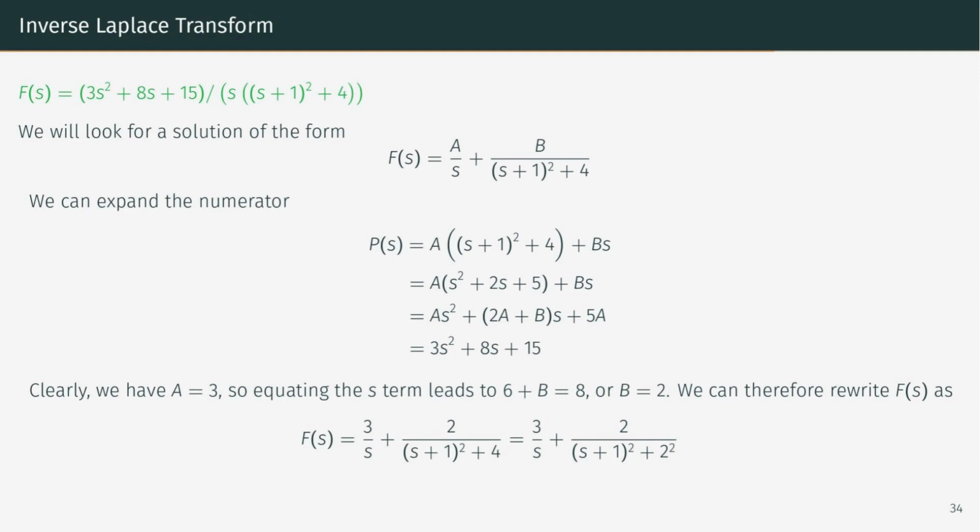Therefore, we can rewrite F(s) as 3 over s plus 2 over ((s plus 1) squared plus 4), which equals 3 over s plus 2 over ((s plus 1) squared plus 2 squared). If we write 4 as 2 squared, we will have a much easier time in the next slide.